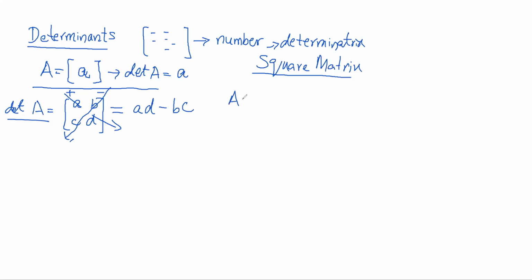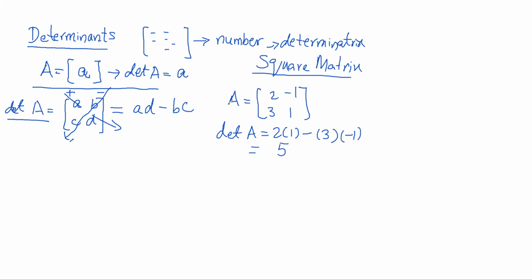If we apply this rule, the matrix is 2, minus 1, 3, 1. So the determinant of A will be 2 times 1 minus 3 times minus 1, which is 5.